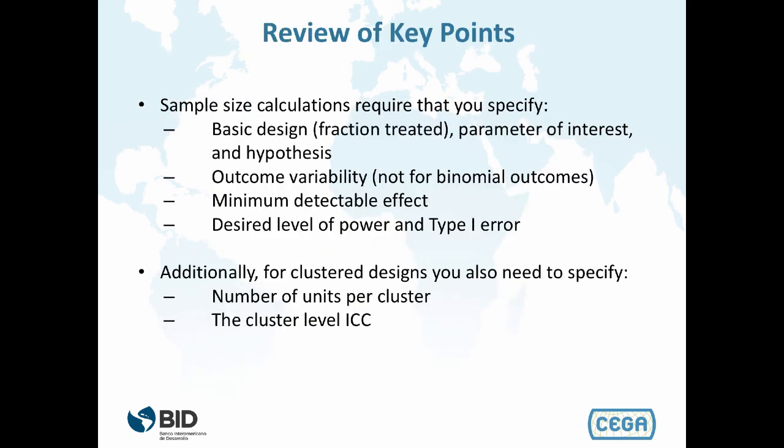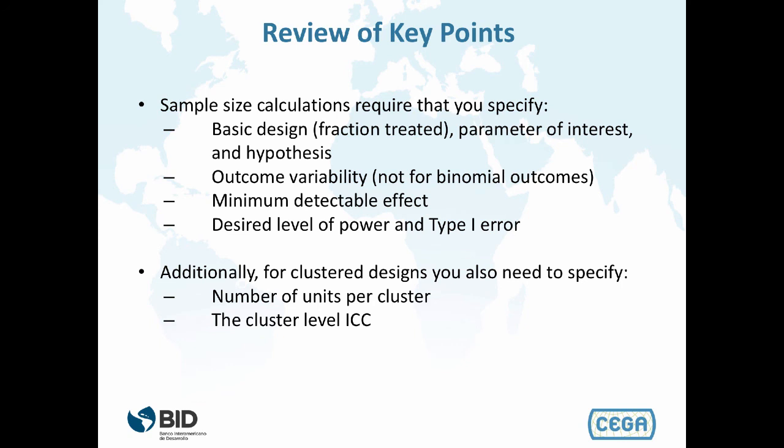So, in terms of doing power calculations, sample size calculations require that you specify the basic design, the fraction treated, the parameter of interest, and a hypothesis, the outcome variability, that's not for 0, 1, or binomial outcomes, the minimum detectable effect you're interested in, desired level of power, and type 1 error.